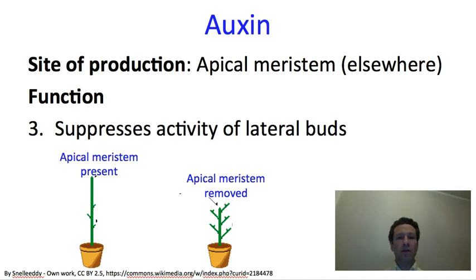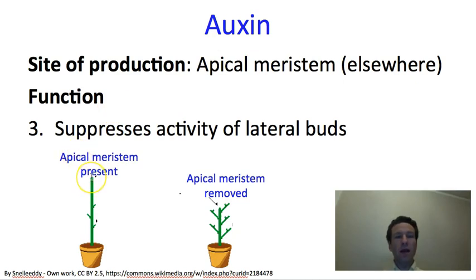A third effect of auxin is to suppress the activity of lateral buds. So this is still the same hormone, and this is something that we are looking at in lab, or maybe just looked at in lab. And so what we see is that when the apical meristem is present, then this is where, remember, auxin gets made. It's the site of production.